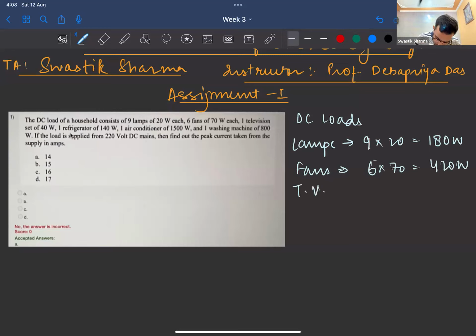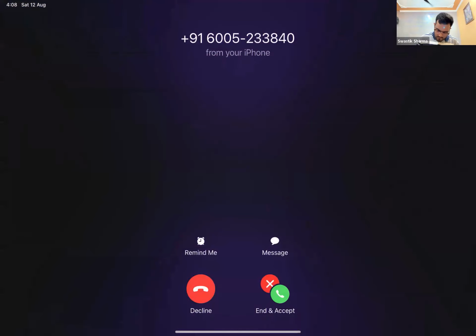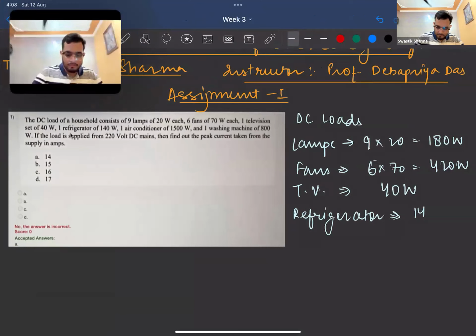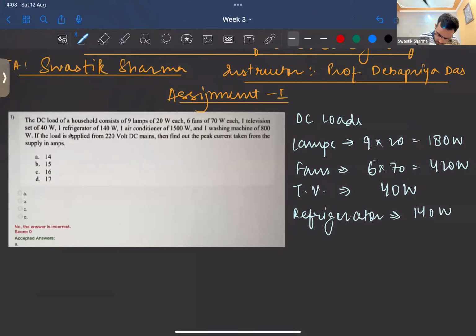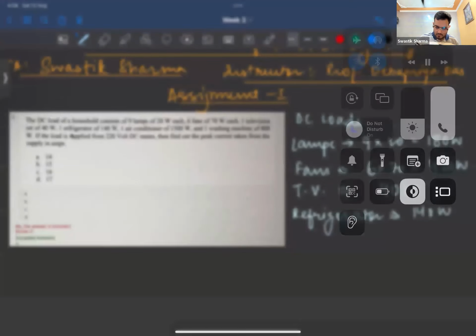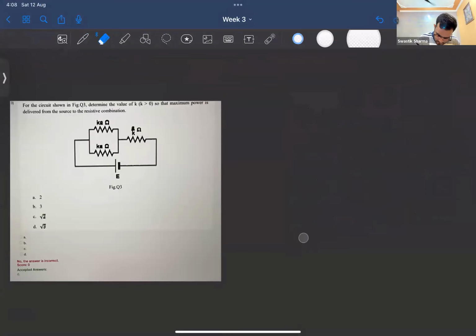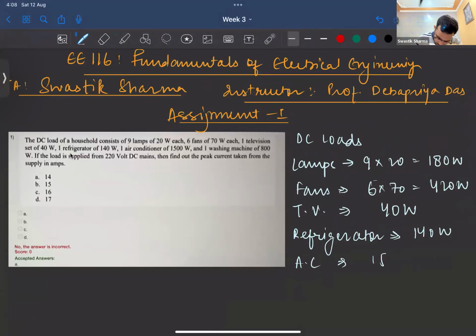A television, a refrigerator of 140 watts, an AC of 1500 watts, and a washing machine.